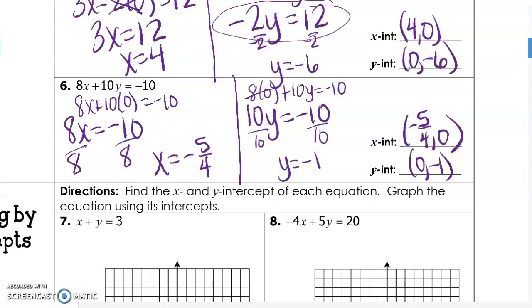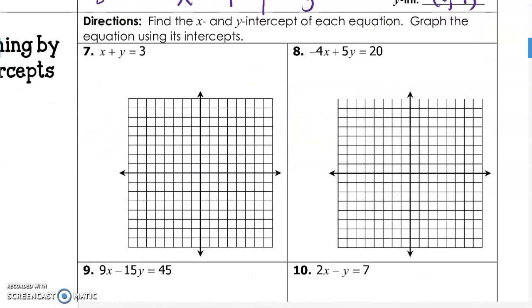So we're going to do the same thing, only now we're going to graph it. Most people think this way is easier to graph. So for 7, if I plug 0 in for y, I get x equals 3. So 3, 0 is my x-intercept.